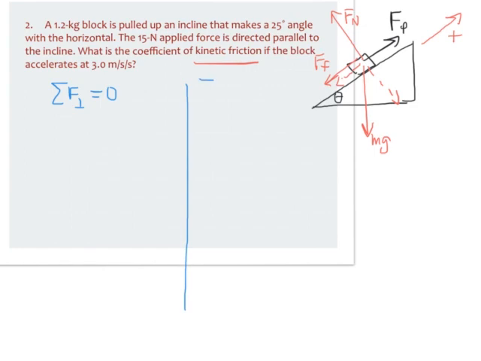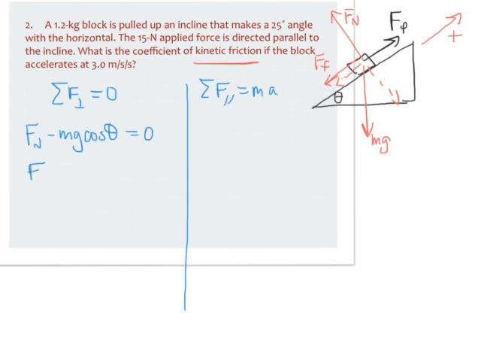And then forces that are parallel to the incline are going to equal m times a. So perpendicular to the incline, we have the normal force, and we have the component of weight, mg cosine of theta. Those are going to have to equal 0 when I subtract them.